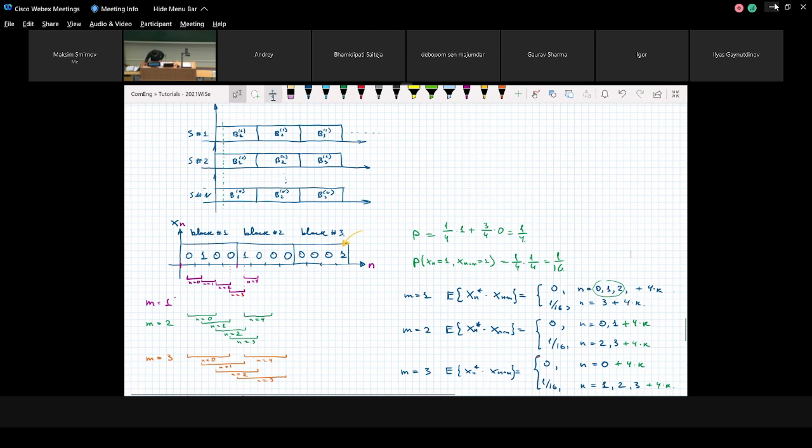You see that it doesn't depend on the index, because it's just the sequence.